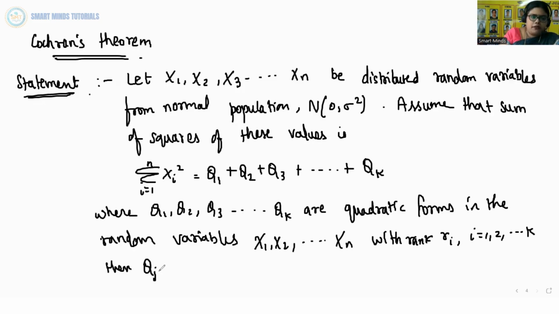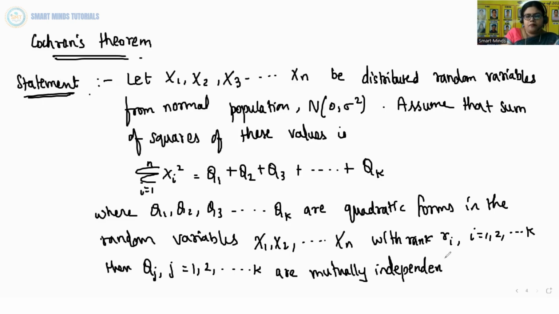Then qj, where j takes values 1, 2, so on up to k, are mutually independent. Which means change in one will not affect the other.